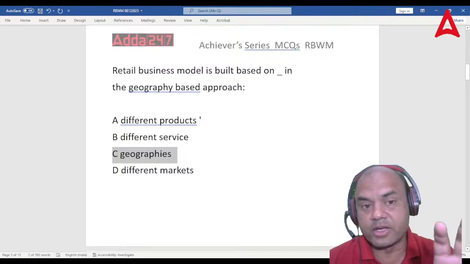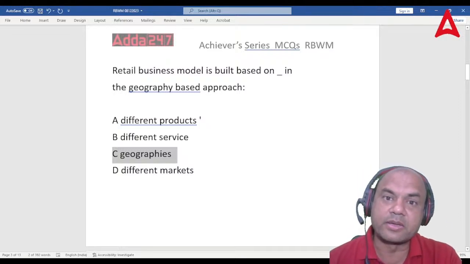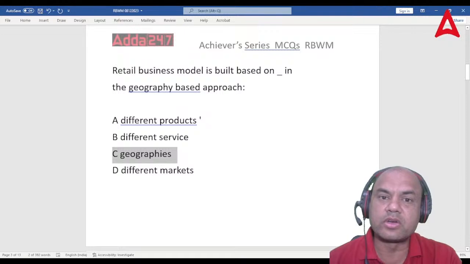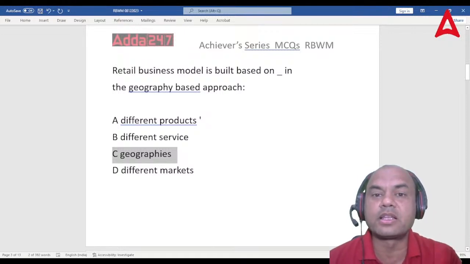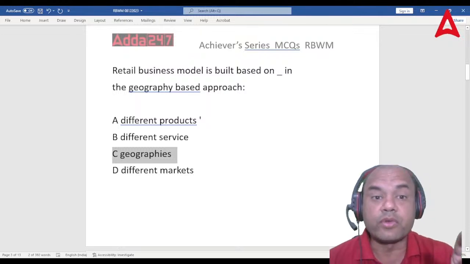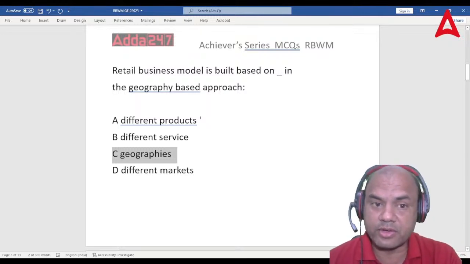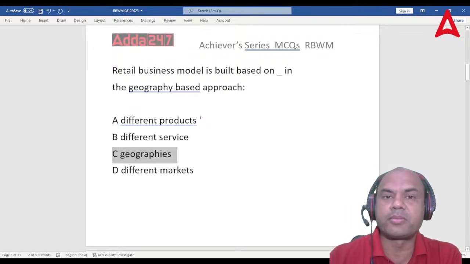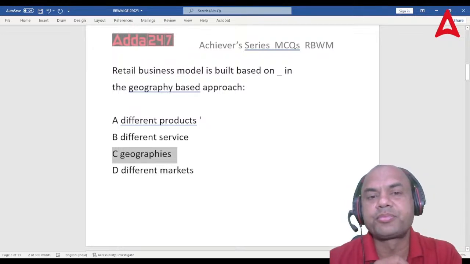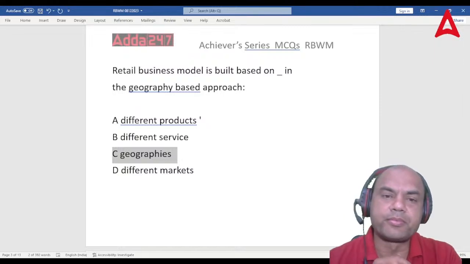Yesterday we covered some different approaches: segmented approach, then geography-based approach, then departmental approach. I gave some one-liners for you also, so follow that completely, everyone. That's why I'm saying follow the series completely, because if you start from the middle, you won't get the grip.